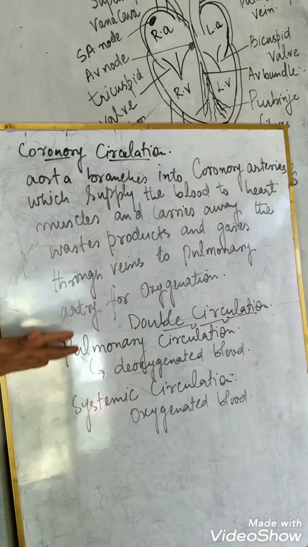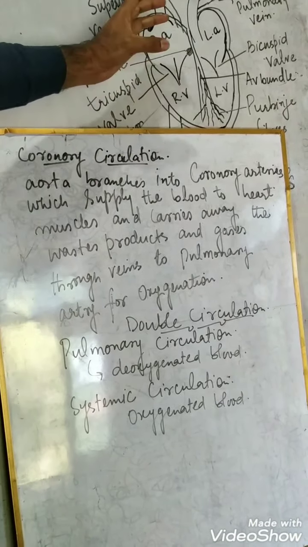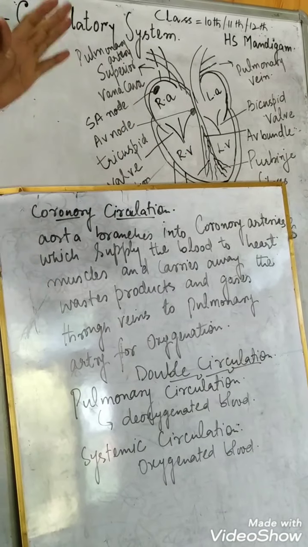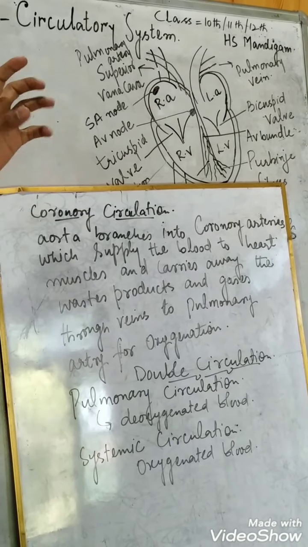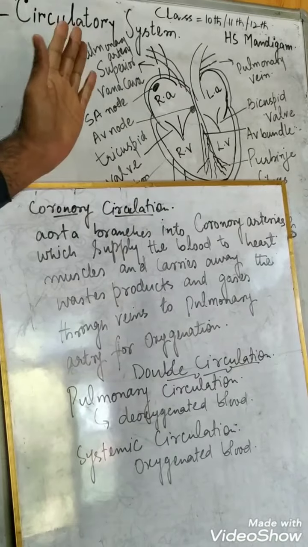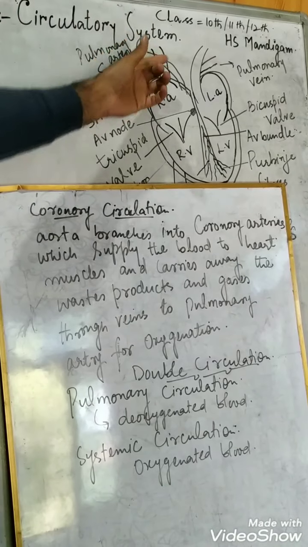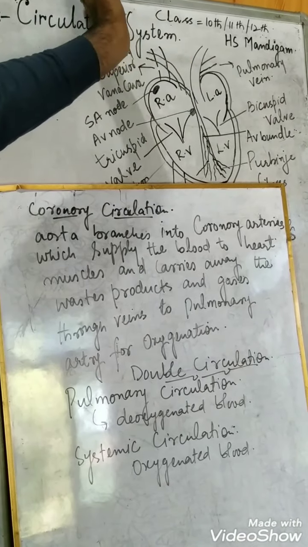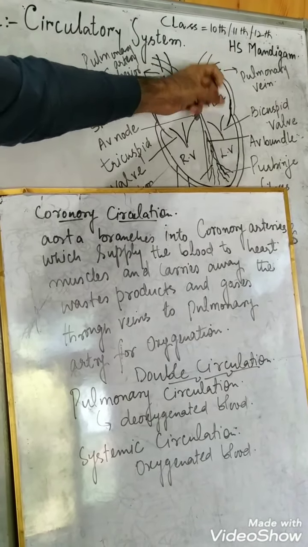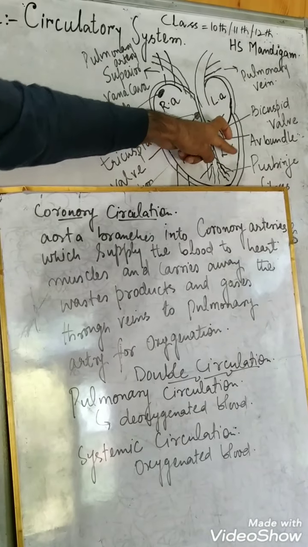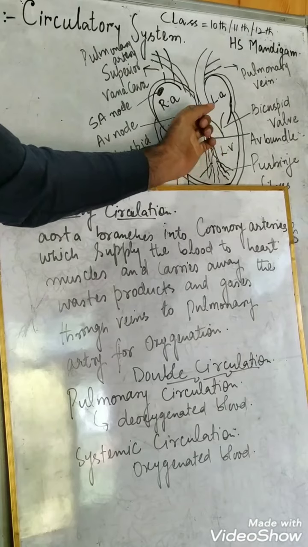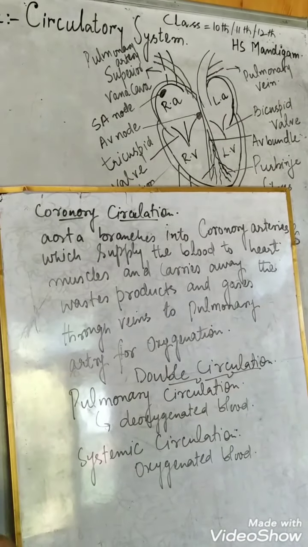Through the pulmonary circulation, the heart pushes the deoxygenated blood from the right ventricle towards the lungs for the oxygenation. Once the oxygenation of the blood takes place in the lungs, it is through the pulmonary vein that the oxygenated blood is carried from the lungs towards the left atria, and from the left atria the oxygenated blood is pushed to the left ventricle, and from the left ventricle the oxygenated blood is pumped through the aorta to all the tissues of the body.